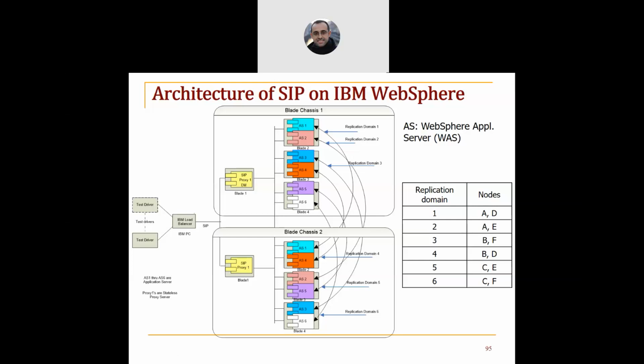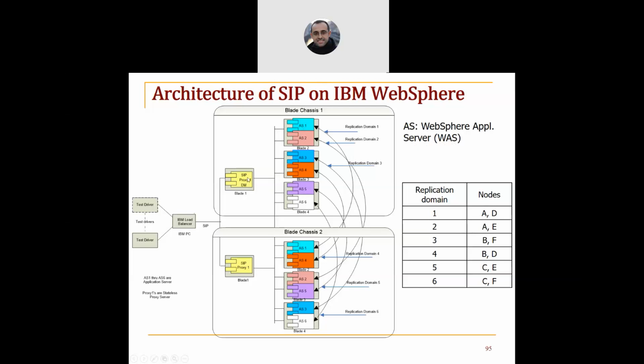This is pre-virtual machine days, so there is a single operating system on each blade. Apart from the Linux operating system, there were 2 types of software that the application had. One is called SIP proxy, and the other is called AS, application server, which was really WebSphere application server. Sometimes I will call it WAS for WebSphere application server, and sometimes I will call it AS for application server.